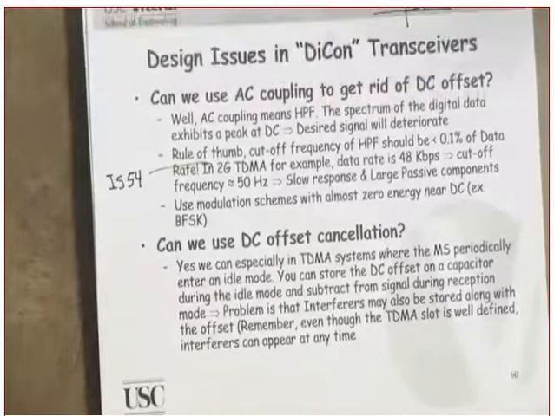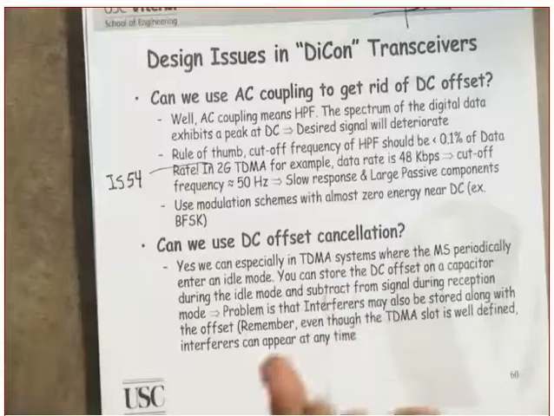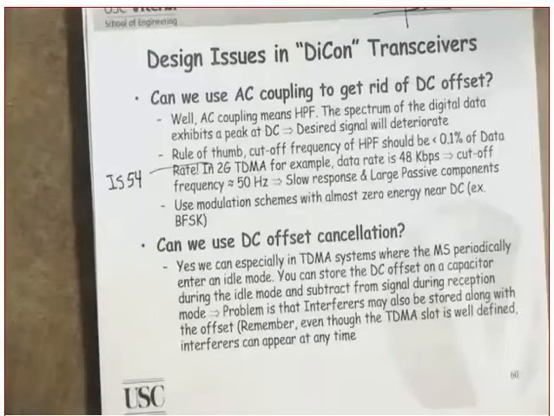During other time slots that do not belong to you, you are still generating traffic, but the traffic is buffered until your time slot comes, and then you burst. What you can do is estimate how much the DC offset is during your time slot.